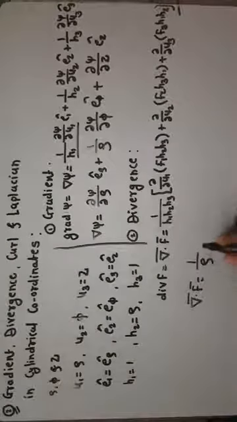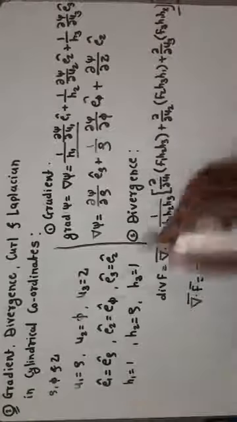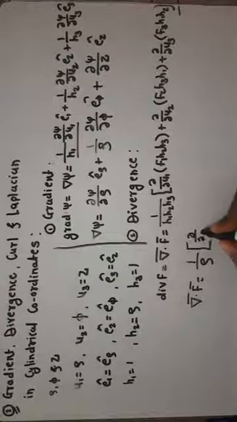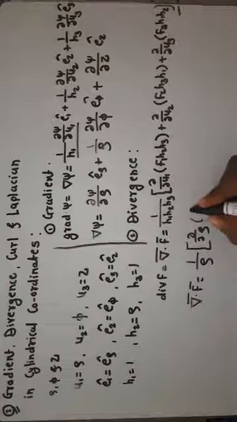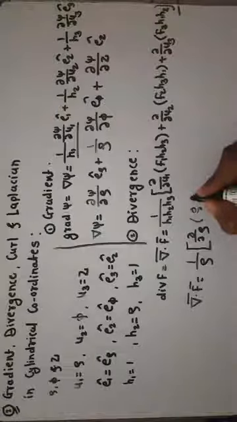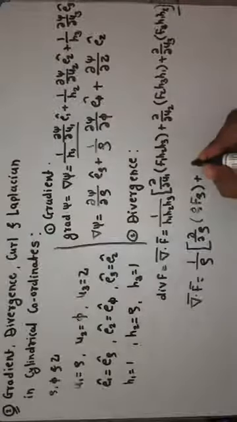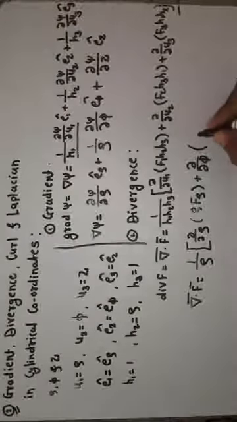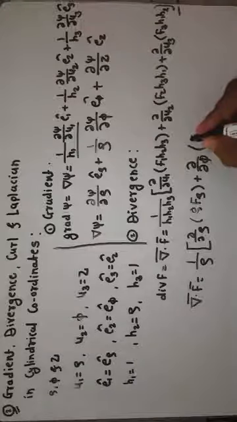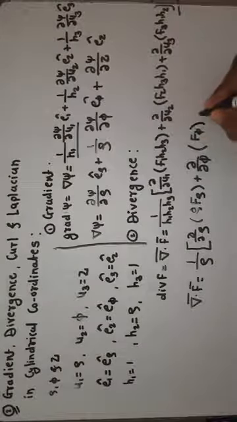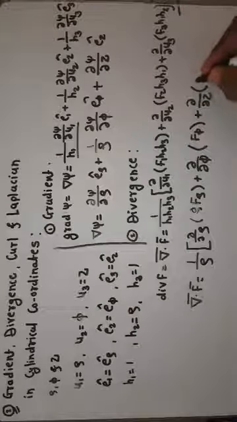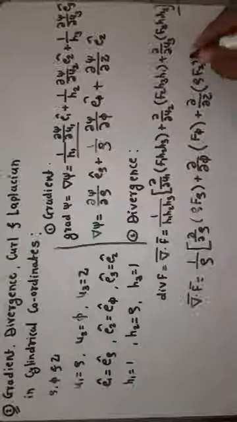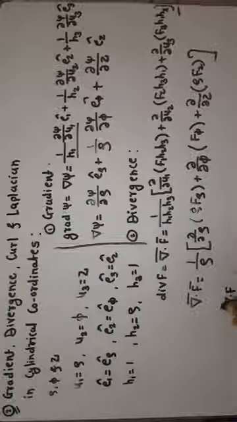That means 1 upon rho in bracket dou by dou u1, which means dou by dou rho, of h2 which is rho, and f1 which means f rho, plus dou by dou u2 means dou by dou phi in bracket f2, f2 means f phi, plus dou by dou z in bracket rho Fz, bracket complete.